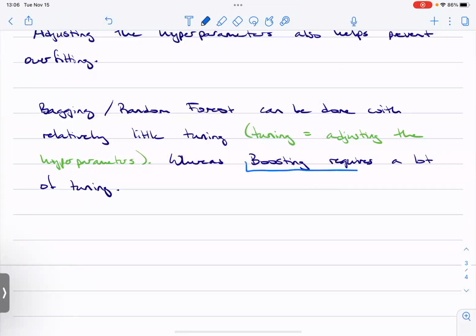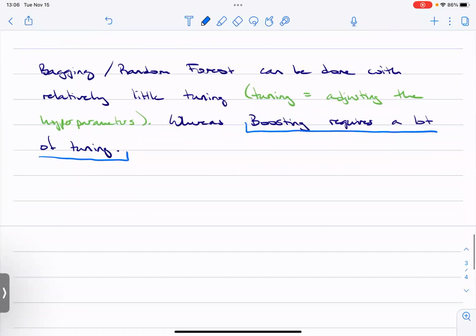For this reason, boosting can be a lot more complicated. And like I said, you really shouldn't try to do it until you're very comfortable with the random forest and just bagging in general.